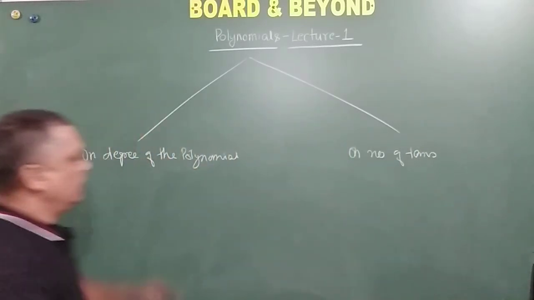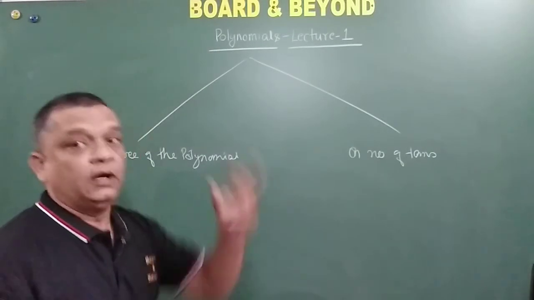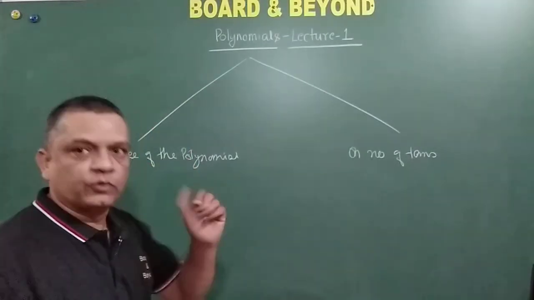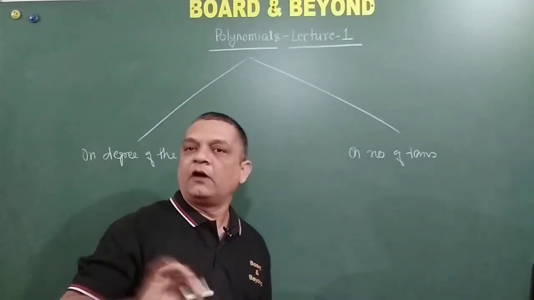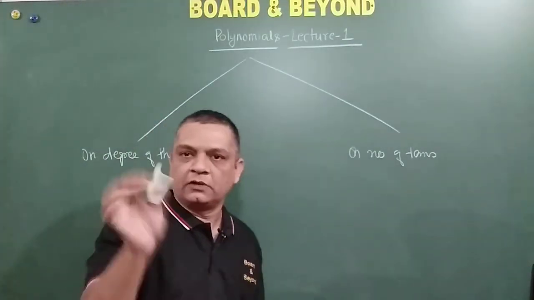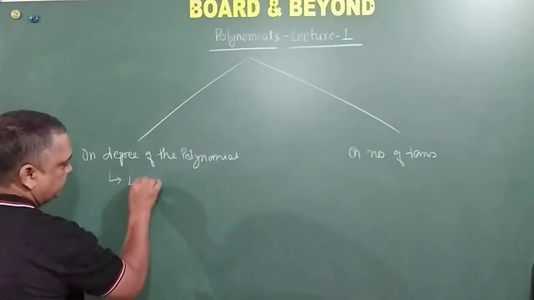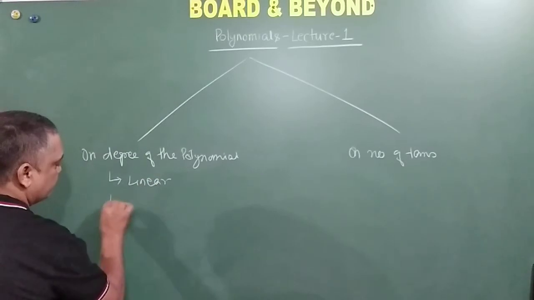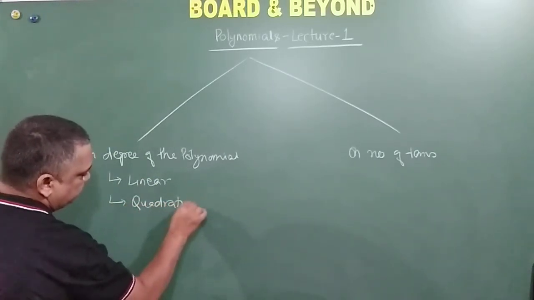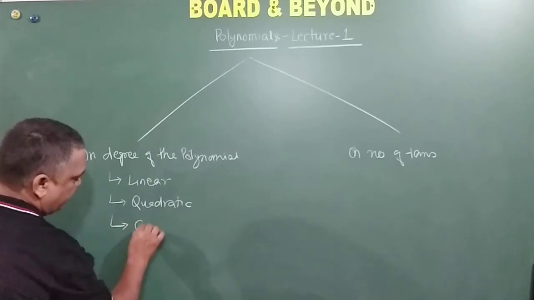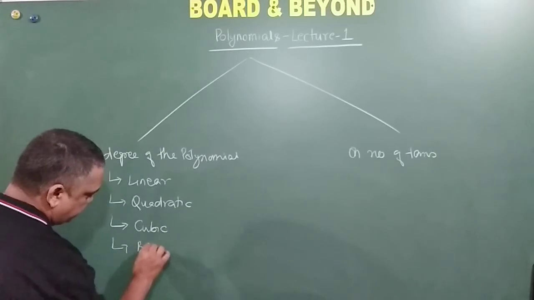Right? So, I have already told you, my friend, what is the degree of the polynomial. The degree of the polynomial is the highest power of the variable in that expression. Okay? So, the different classifications are linear, quadratic, cubic, biquadratic.